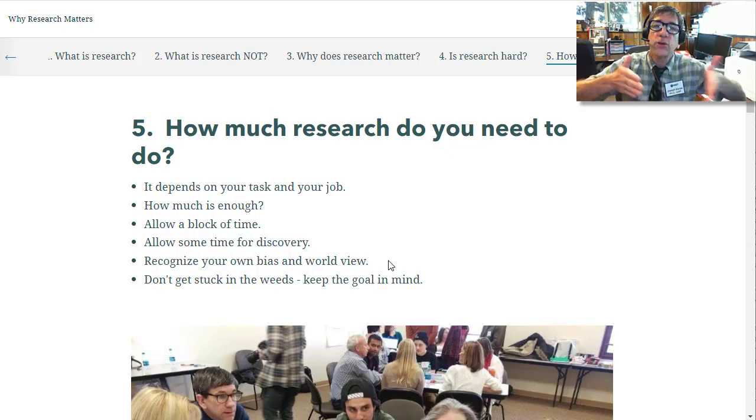But that said, allow some time for discovery. Remember I was talking earlier about people finding things because they were involved in an experiment. I mean, penicillin is a great example. Hey, this got dumped into this moldy, I think, piece of bread is what it was. And as that mold grew, that actually has properties that I might be able to use to help people with infections.